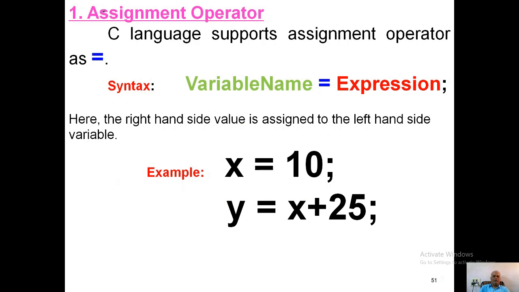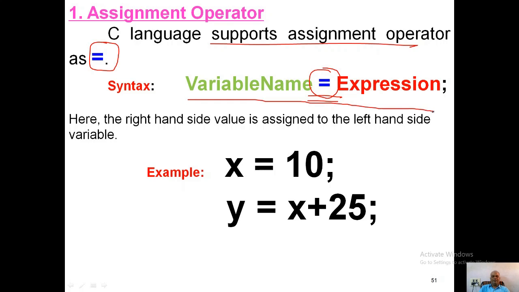First we will look at the assignment operator. So what is the assignment operator? C language supports the assignment operator, which is equal to. The equal to can be considered as an assignment operator. While specifying the syntax: variable name equal to expression.